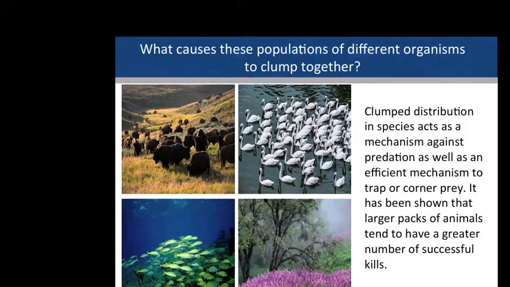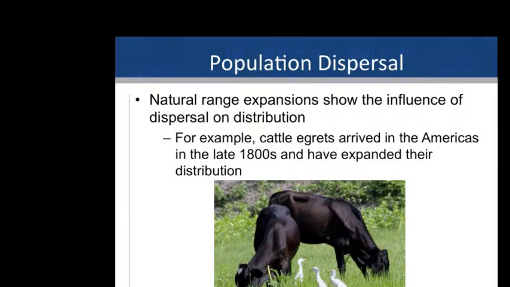Why would it be beneficial for organisms to be clumped together? One reason is protection, to sound off an alarm if there's a predator. Another is to conserve energy resources, so they do different jobs within their group. There are a lot of different reasons why they would want to clump together.